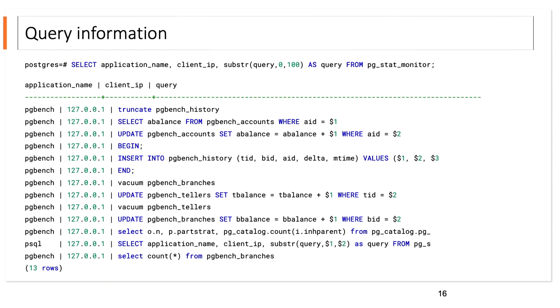In PGStat statement, we don't have the application name and the IP address. Here the IP address is localhost, it doesn't matter actually. So you can see the IP address and the application name, but in PGStat statement you don't have that information. So you have additional information compared to PGStat statement.